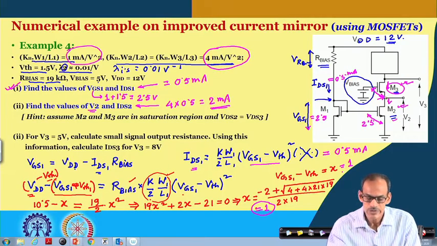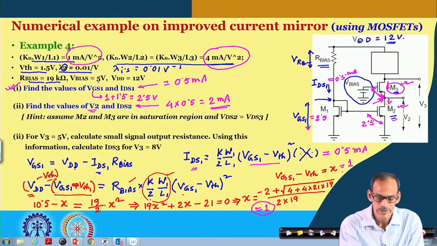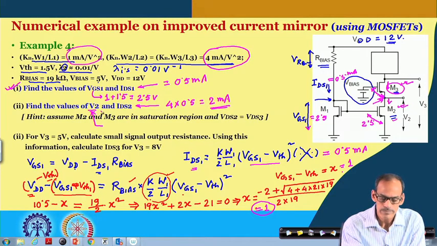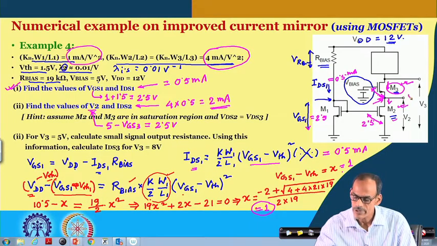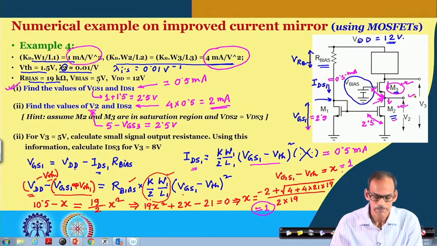So, if VGS3 is 2.5, then the voltage coming here, which is V2, is equal to V bias, that is 5 volt, minus VGS3, which is 2.5. So, we have DC voltage here, it is 2.5.